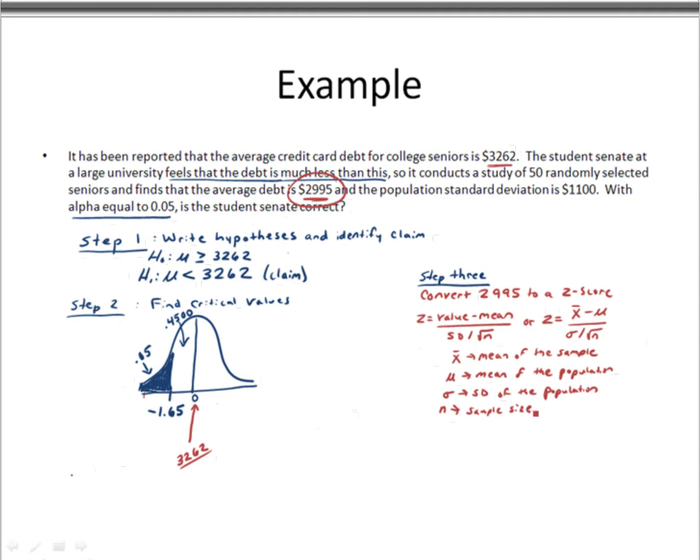Okay, so let's go ahead and plug our values in. Remember that the value that we want to convert is always going to go first. That also holds with this X bar. This 29.95, they conduct a study of 50 randomly selected seniors. That's a sample. They find the average to be 29.95. So 29.95 is the average for the sample.